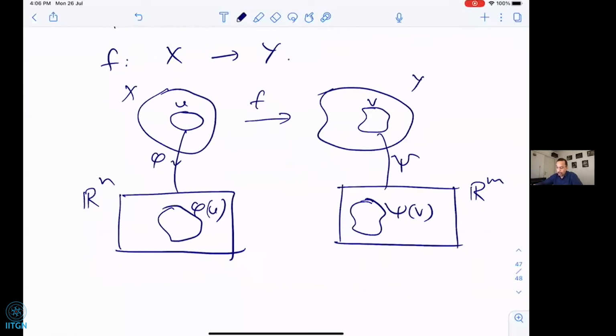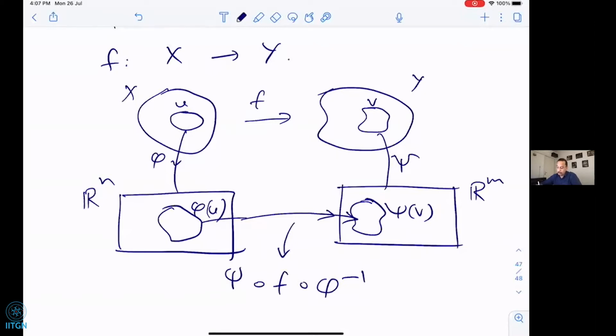Now, the thing to note is that this setup defines a function between this set phi of U and this set psi of V, and this function has a complicated name. It's psi composed with f composed with phi inverse, from right to left.